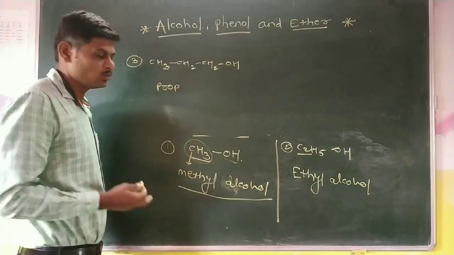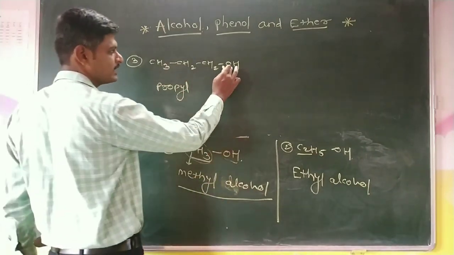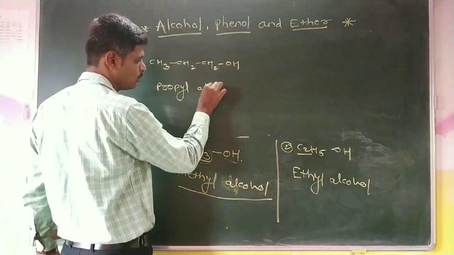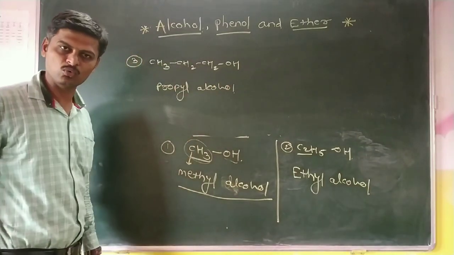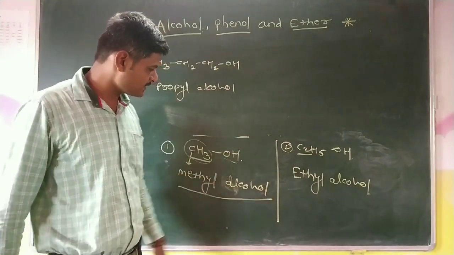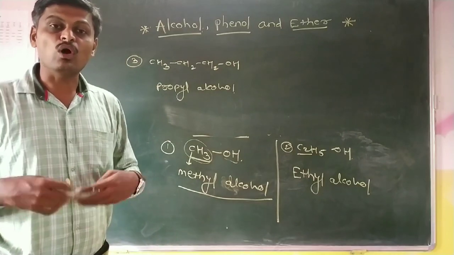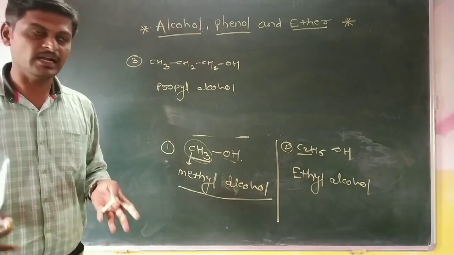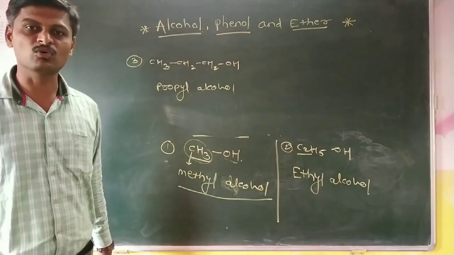After the root name, we use yl as a suffix, and after that the OH indicates the alcohol word. Therefore, it is named as propyl alcohol. But in these three examples, the OH group is directly attached to the normal chain. That means these three examples are straight chain alcohols.